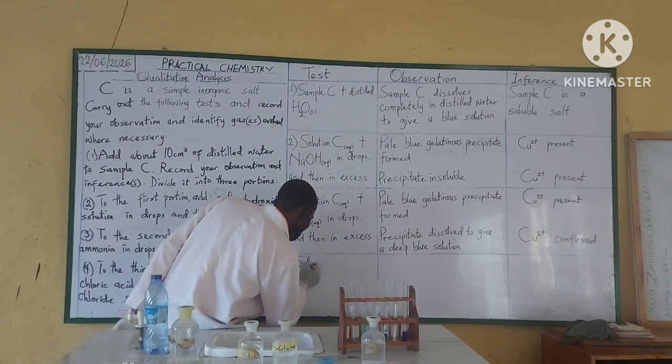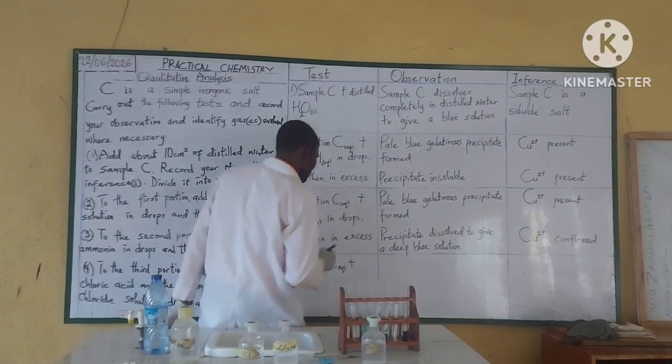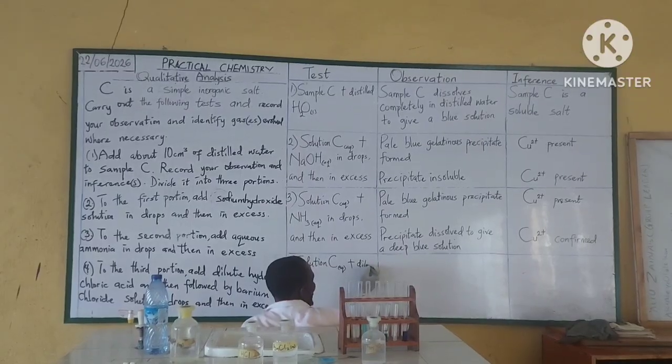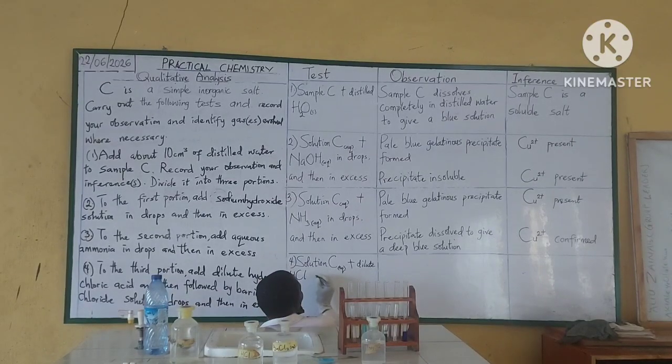Solution C plus dilute hydrochloric acid, then followed by barium chloride solution in drops, and then in excess.